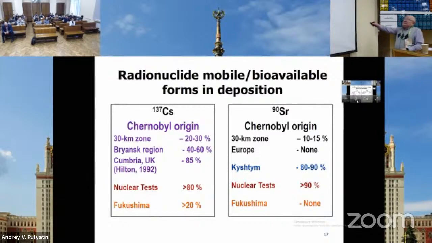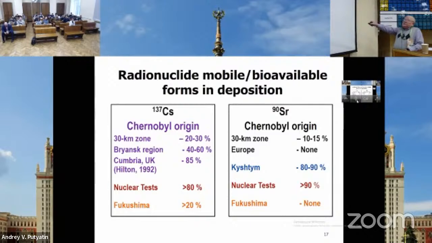Here you can see the comparison for cesium-137 of Chernobyl origin. In the case of the 30 kilometer zone, only 20 to 30% of cesium-137 was in mobile forms, soluble or exchangeable. However, for longer distances, this fraction of mobile and bioavailable forms increased.